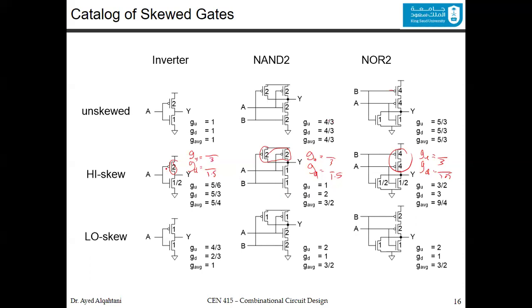Now for this input, it's 2.5, so it's 2.5 in both of them. For this one, it's going to be 3. And here it's going to be 4.5.